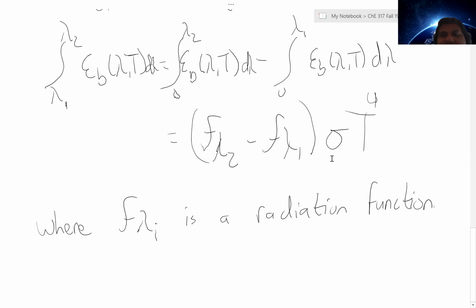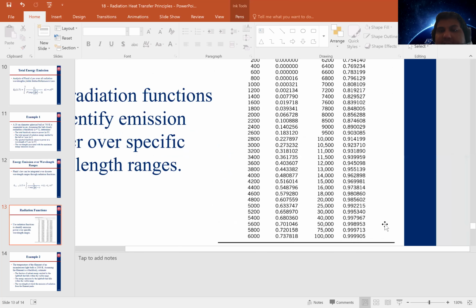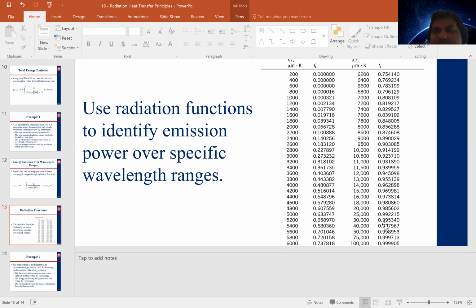And to find a radiation function, we simply rely on a table where, given an object's temperature and its wavelength of interest, we can find the product of those two values, and the associated radiation function can be identified from a table.